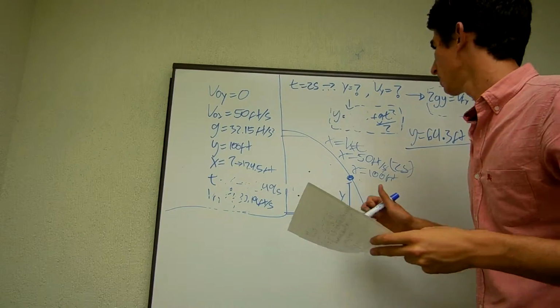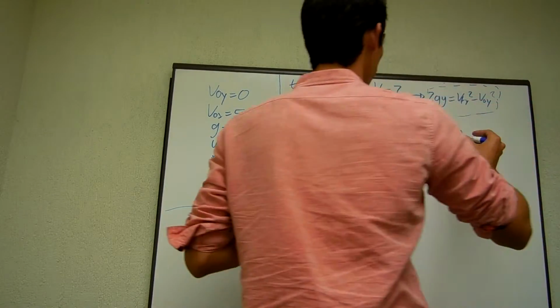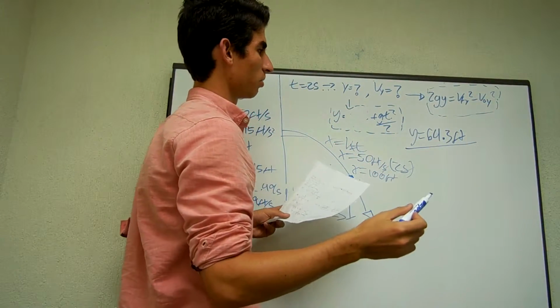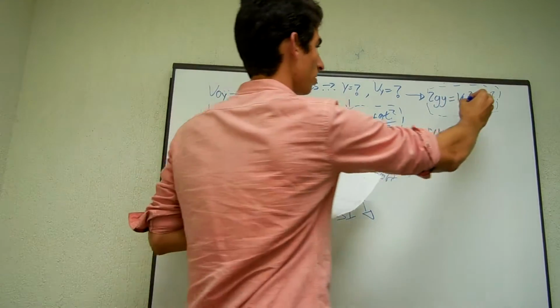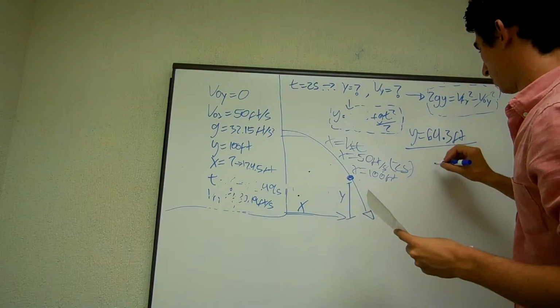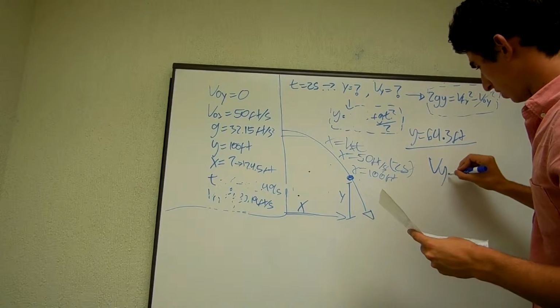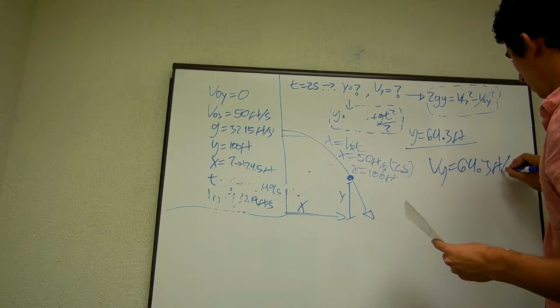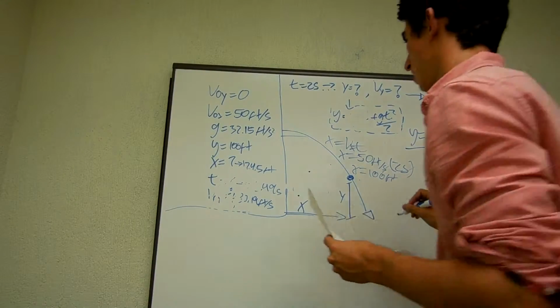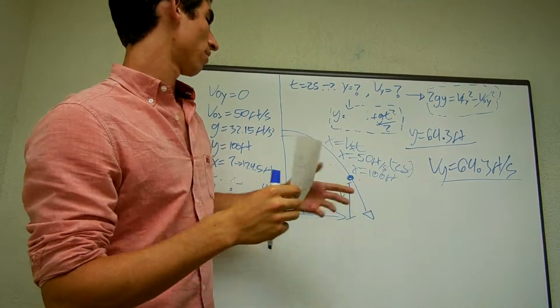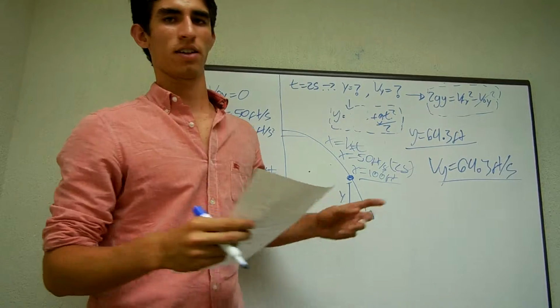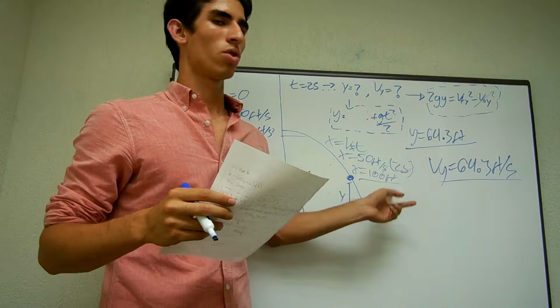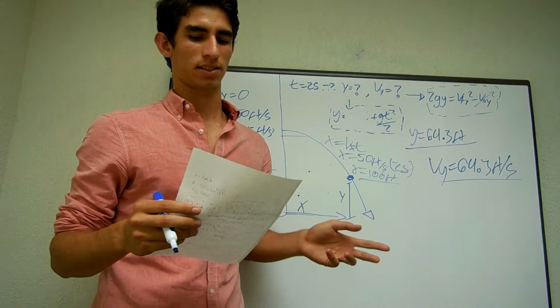Finally, to get the velocity in the y direction, we know the initial velocity in the y direction is 0, so we're going to have the same kind of result. So the velocity in the y direction is 64.3 feet per second. These are going to be our three final results we're being asked for in the last question.